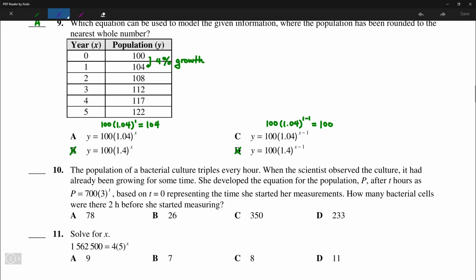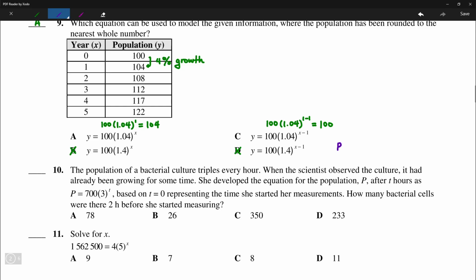So we are given an equation for the population of a bacteria culture, and it is asking for what happens 2 hours beforehand. So if at t equals 0 we have 700 bacteria, then we're looking at what happens when t is equal to negative 2. So let's just look at it over here.